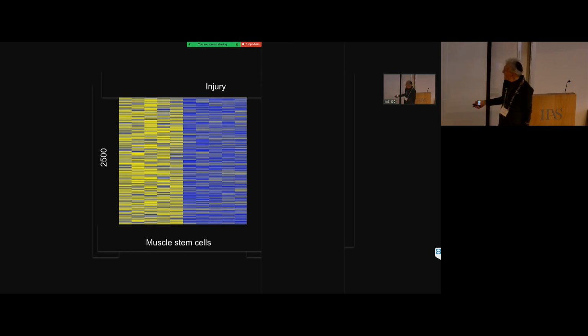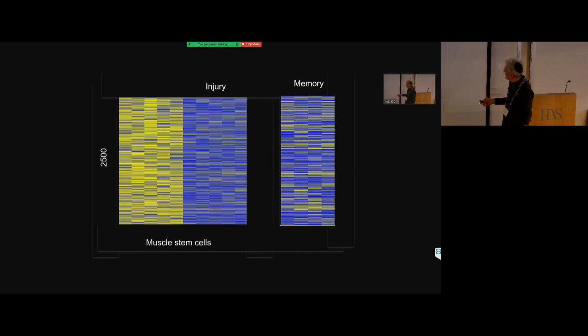Okay? And these cells now remain. So if you take a look 2 or 3 months later, these mice still have stem cells, but their expression is just like quiescent stem cells. But epigenetically, they have all these sites open now. And epigenetically, they preserve this now sort of activated state.